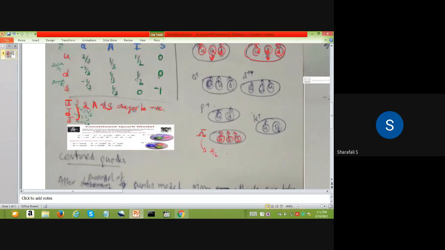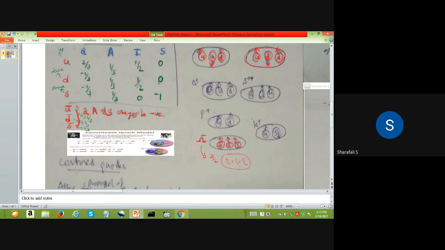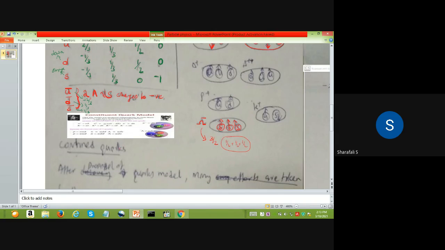In order to get spin 3/2, we need 1/2 plus 1/2 plus 1/2, so all those spins should be up. In this particular case, the Pauli exclusion principle will be violated, but we have a different scenario that we will discuss in a later section of this lecture, on how this Pauli exclusion principle violation can be tackled.